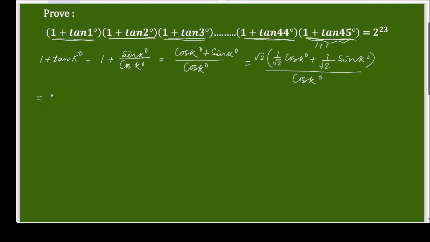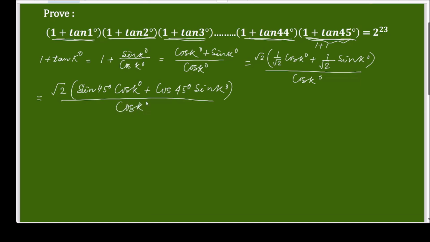In the next step, 1 over root 2 I'll write as sine 45 degree with cos k, and cos 45 degree with sine k. The denominator is cos k.